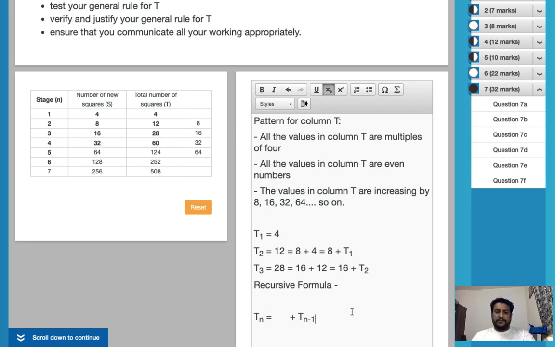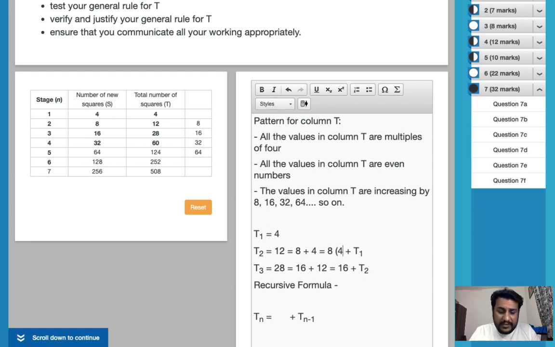Because if you see the next term, how do you get it? To the previous term, that is the previous total number of squares, you add something. Clear? Now I try to connect with my term 1. Always observe this part, term 1. What is given to you is 4. Now look at this part.